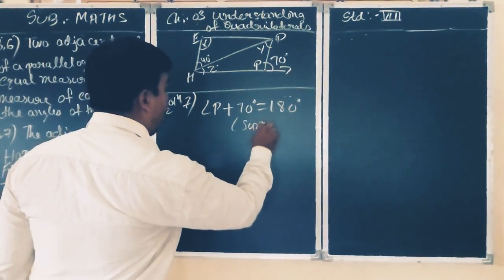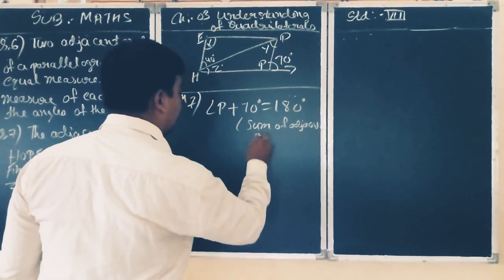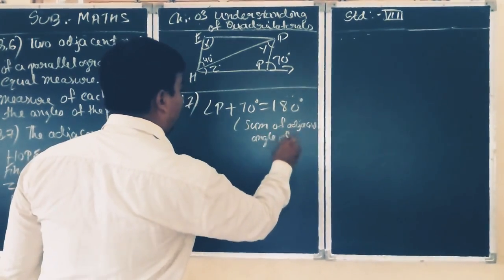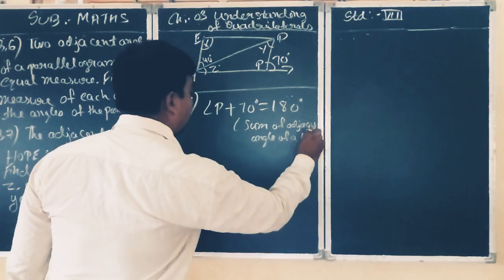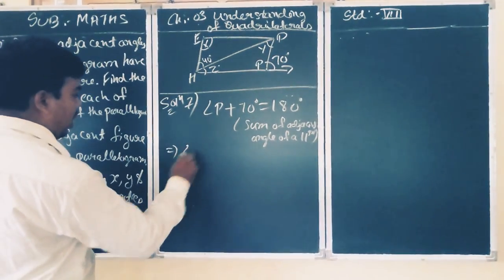The sum of adjacent angles of a parallelogram is 180 degrees.